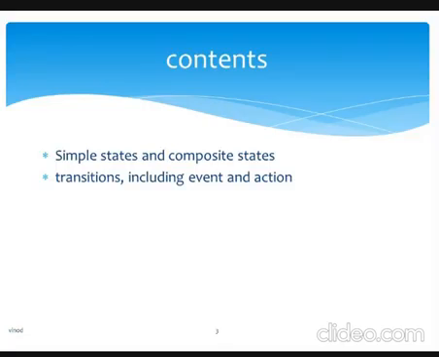This activity is a non-atomic execution, which means it can be interrupted by other events. These are all the terms and concepts involved in the state chart diagram. These features are also present in the state machine.